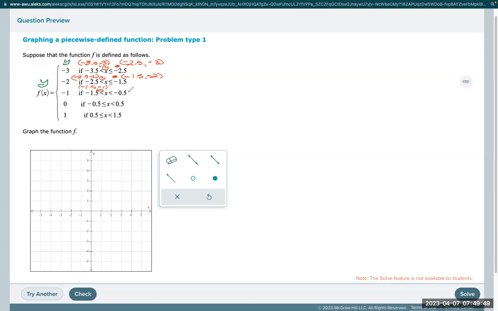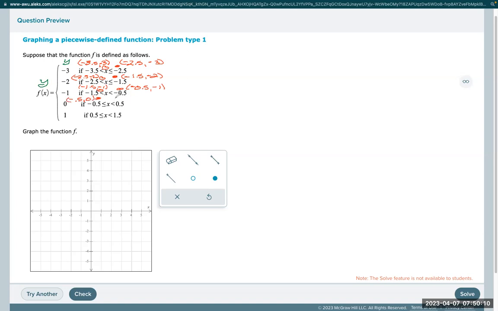This one is also an open circle, and it is at negative 0.5, and my y is negative 1 still. All right, then this row, I now have a closed circle at negative 0.5, and my y is 0.